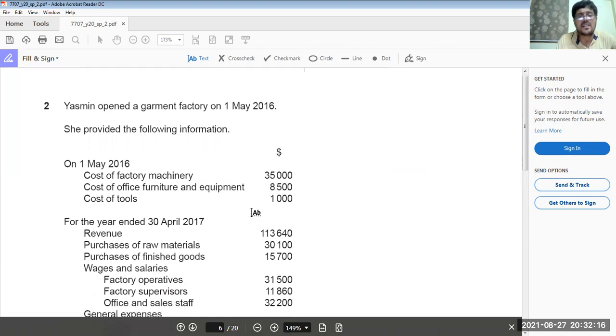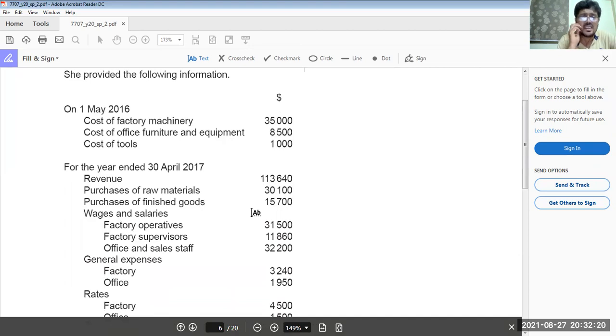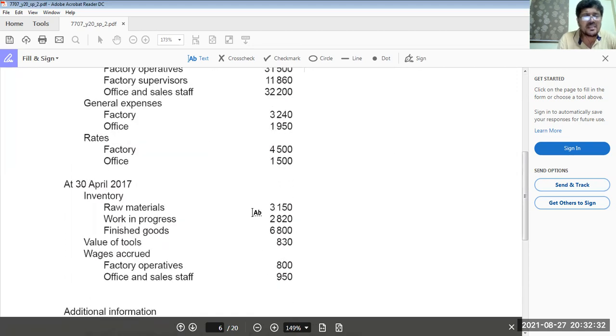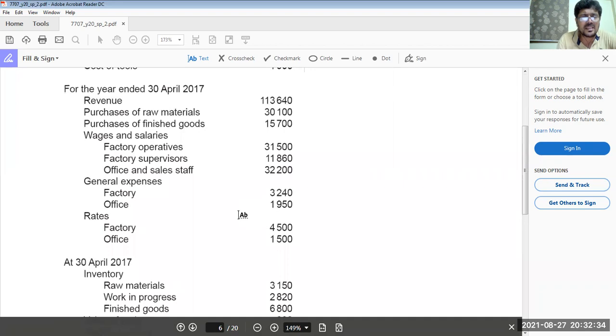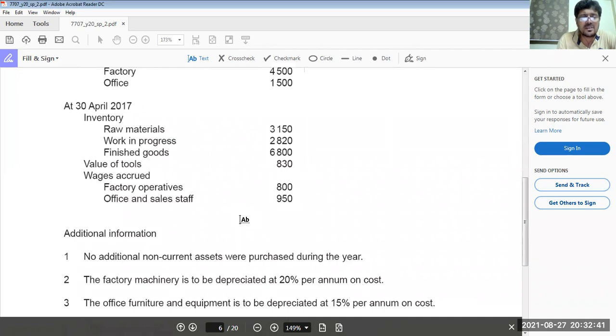Yasmin opened a garment factory on 1st May 2016. She provided the following information. First May: cost of machinery, factory machine, cost of office furniture and equipment, cost of tools. For the year ended 30th April: revenue, purchase of raw material, finished goods, wages and salaries, factory operatives, factory supervisor, office general expenses, rates, inventory of raw material, work in progress, finished goods, value of tools, wages accrued, factory operatives 800, office and sales staff 950.